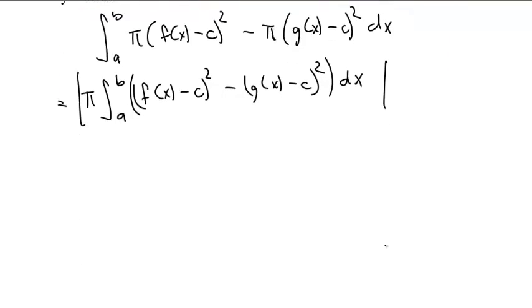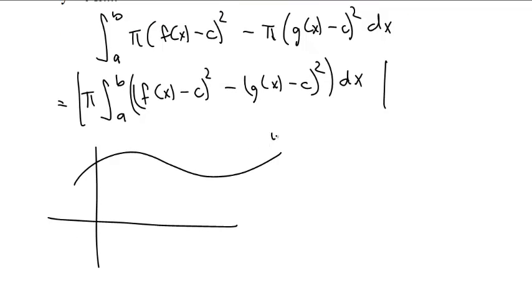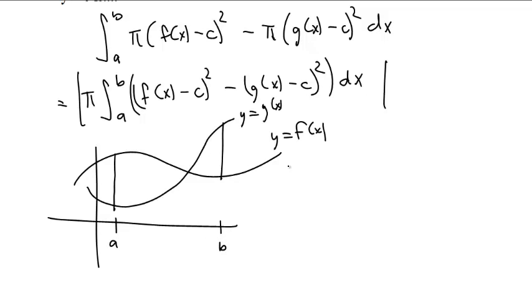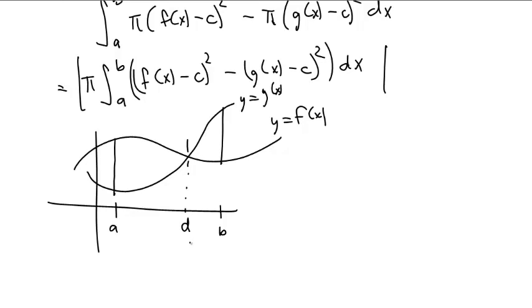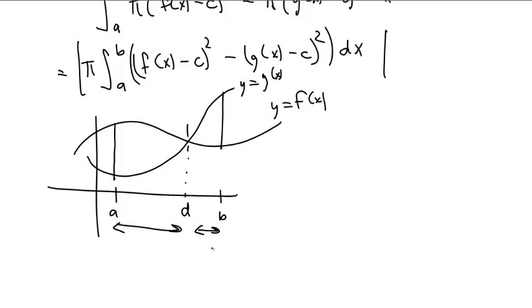If your two curves, y equals f of x and y equals g of x, intersect somewhere between your a and your b, then you're going to have problems. What you have to do is find that point, use the c, d. You have to integrate this one first and then this one second and add them together.